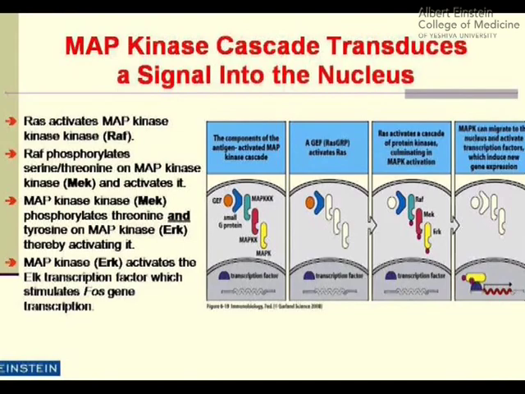Each one of these have different proteins, all of which has the same general motif, but have different ultimate targets. In this case, for the T-cell receptor, it's going to activate a MAP kinase kinase kinase called RAF. RAF now is going to phosphorylate MAP kinase kinase and activate that, and then MEK, this MAP kinase kinase, is going to phosphorylate threonine and tyrosine on MAP kinase, or ERK, and thereby activate that.